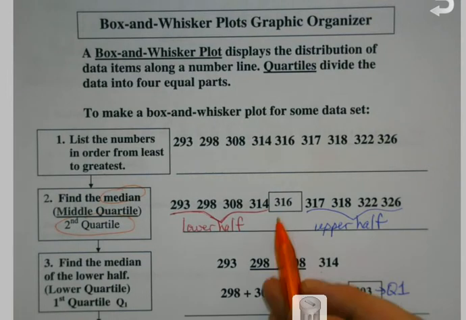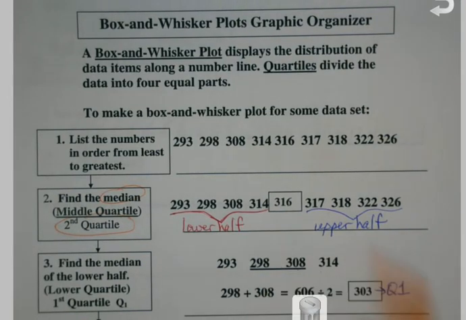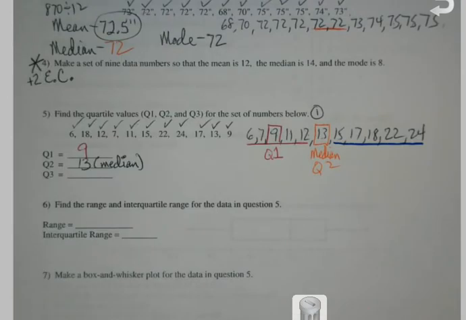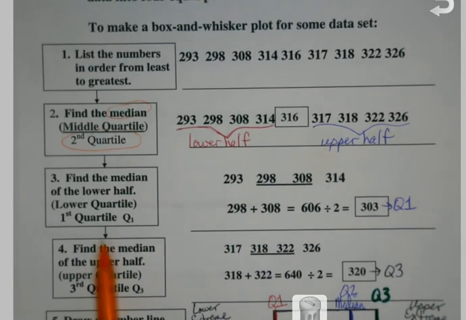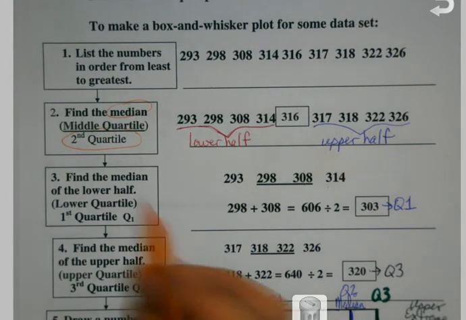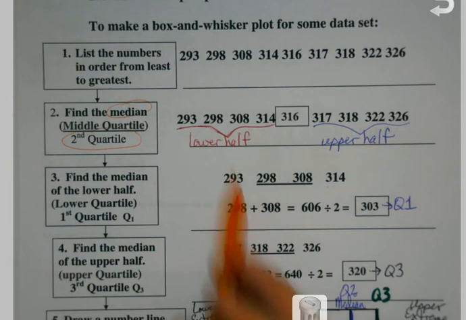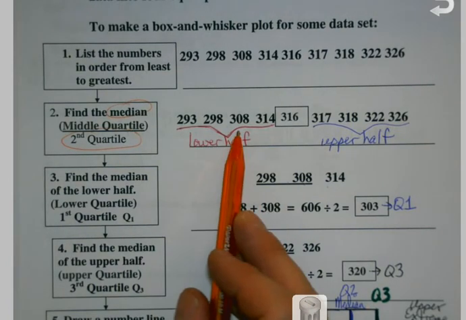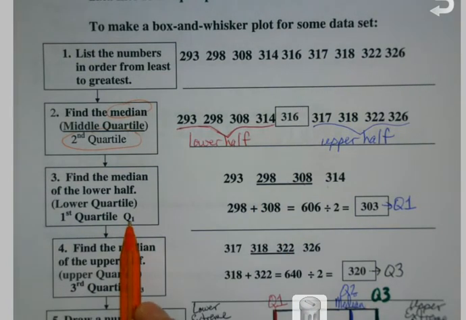So would Q1 be? No, medians. Medians are what we are looking for, just like on here. So you're going to have 3 medians? Yes, because they have names. The median in the middle is my Q2. The median of the lower part of my numbers over here is going to be my Q1, and that's what we just found.